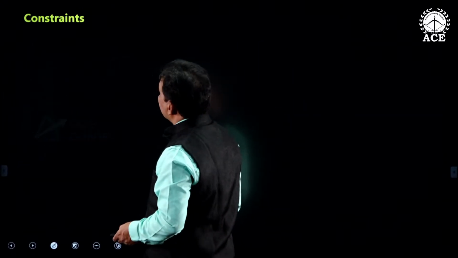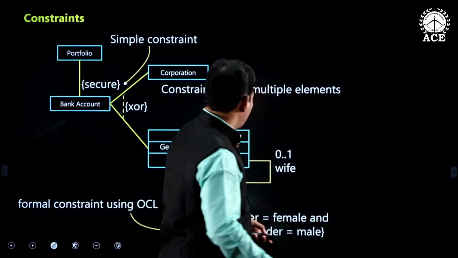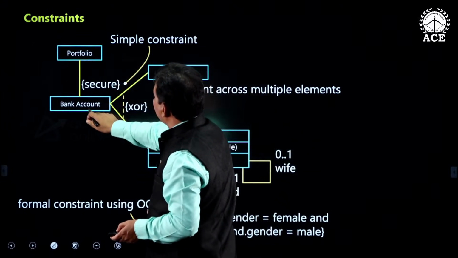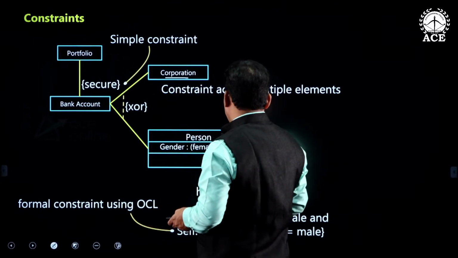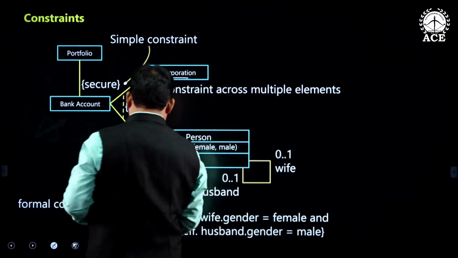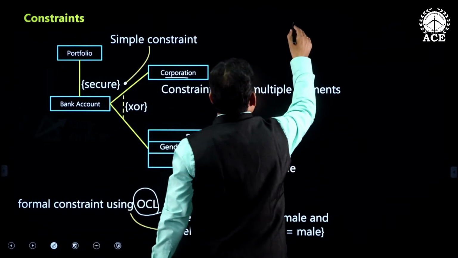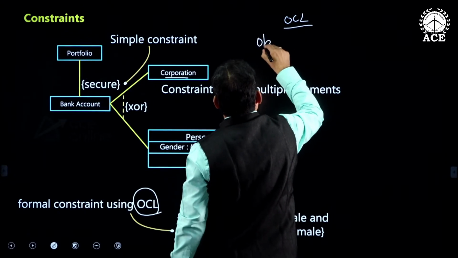Coming to constraint, constraint is nothing but a condition under which the model is supposed to be built. Here, portfolio, bank account. A bank account can be given to a corporate and to a person, gender male or female, under which condition?